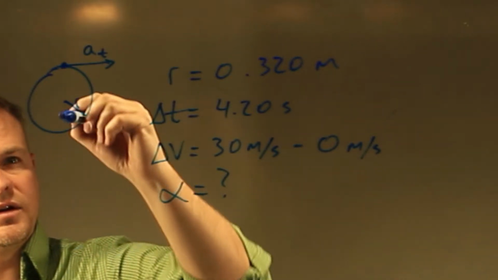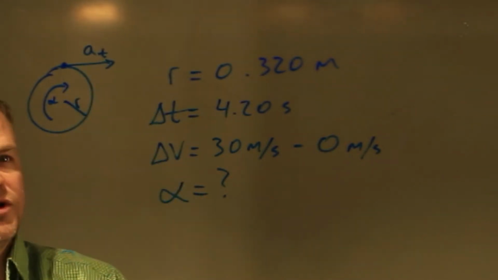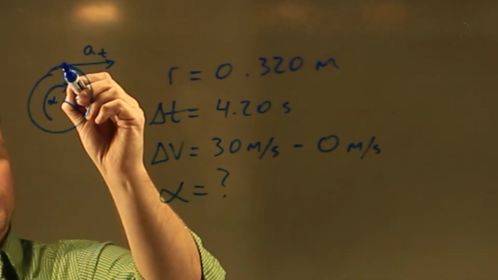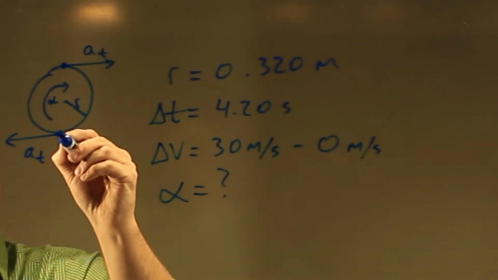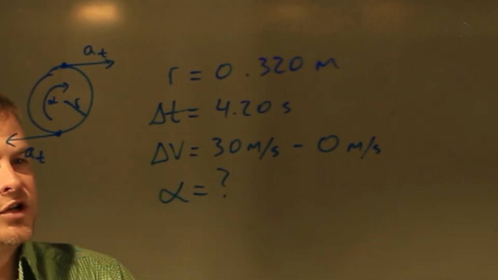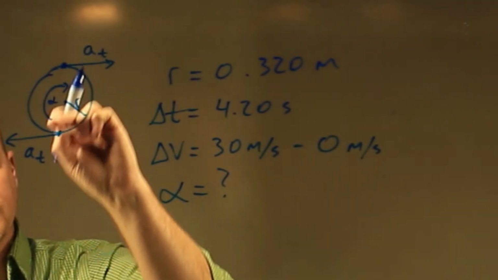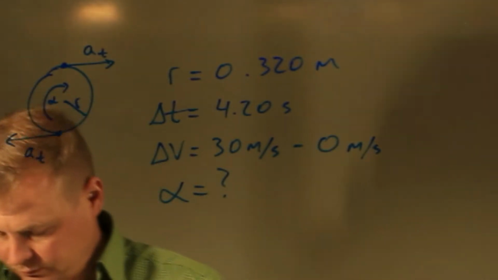The angular acceleration is going to be that curved portion, so the entire wheel is experiencing the same angular acceleration. At the edge here, which is contacting the road, that is the tangential acceleration we're talking about. If we moved closer into the wheel, that would be different in the linear sense.